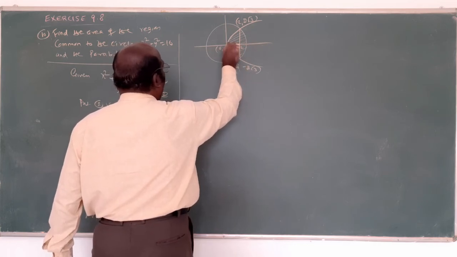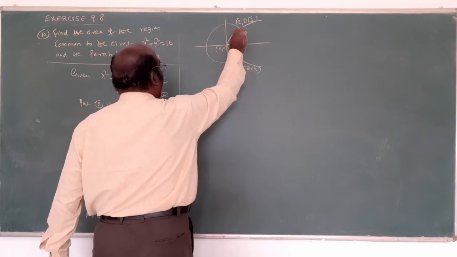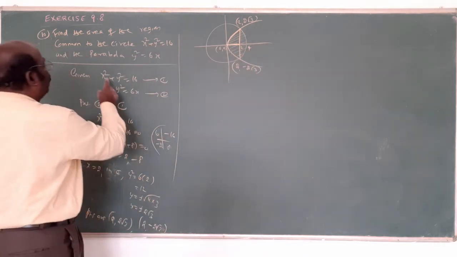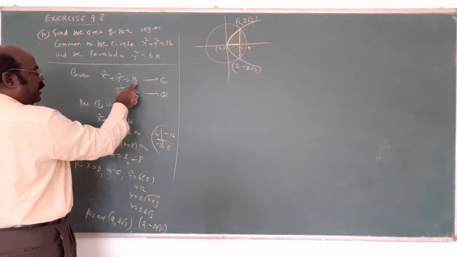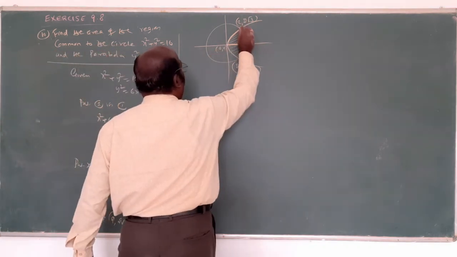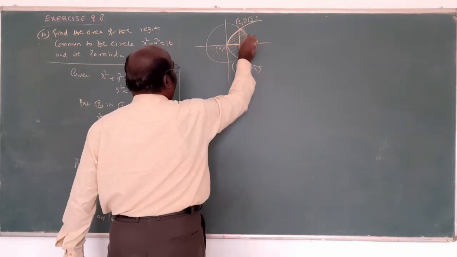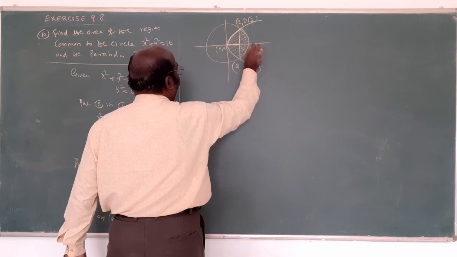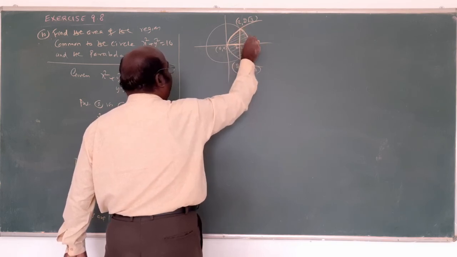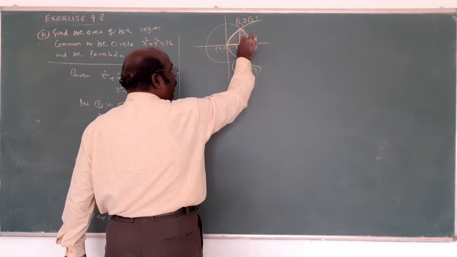From 0 to 2, this is the parabola area. From 2 to 4, here x square plus y square is 16, which is 4 square. Radius is 4, so here 4. Here 2. For 2 to 4, this is the circle area.